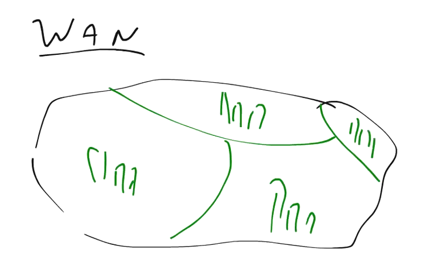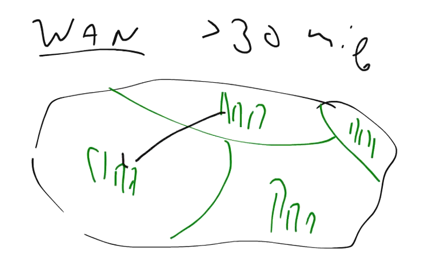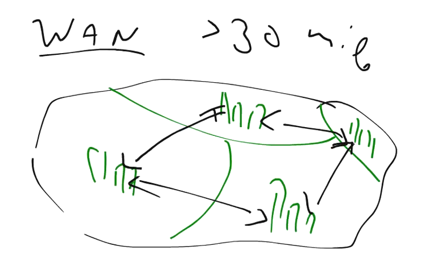The distance between those cities is greater than 30 miles. Now, if we join the MANs between 2 cities or even between all the cities, then what we are creating is called a WAN, or wide area network.